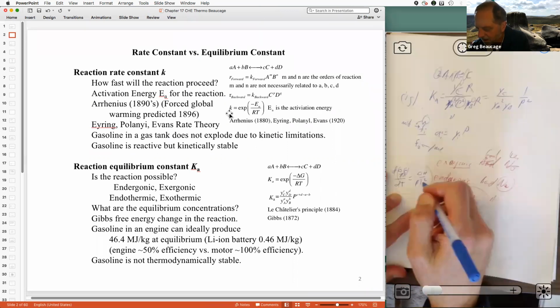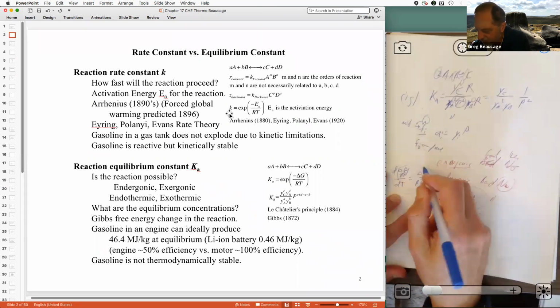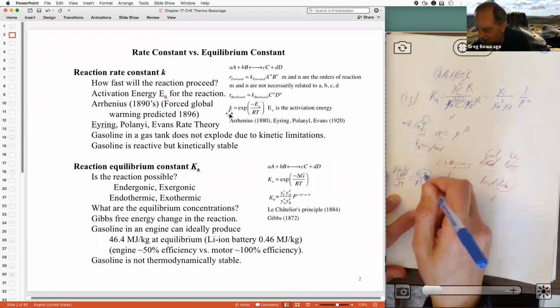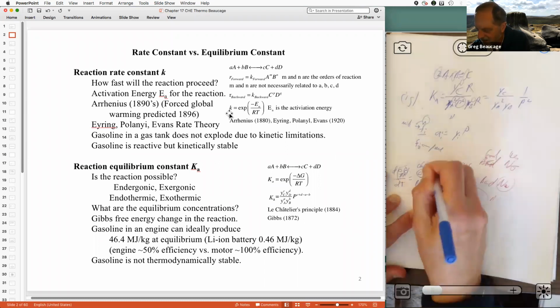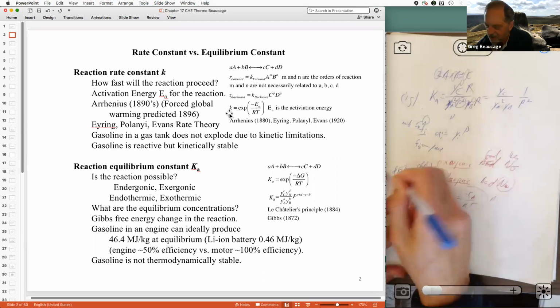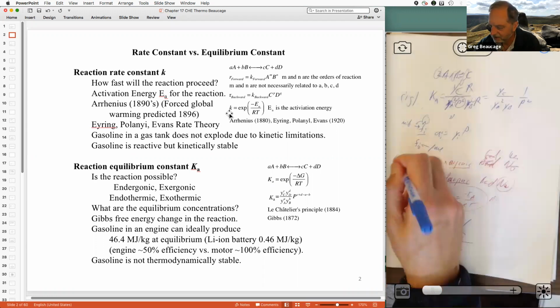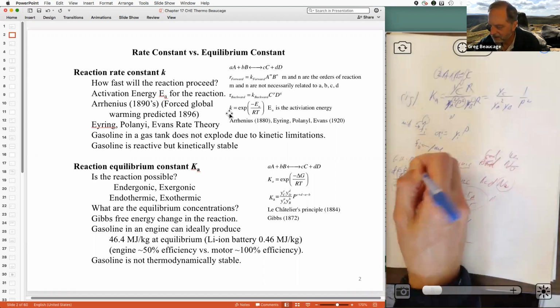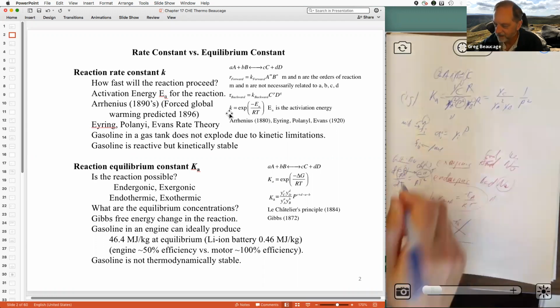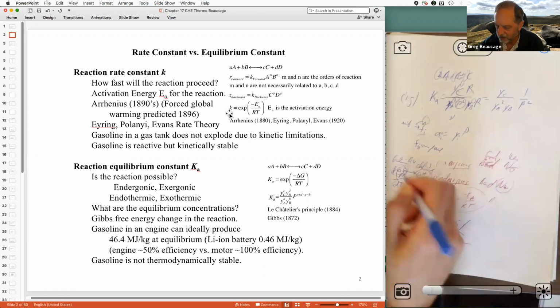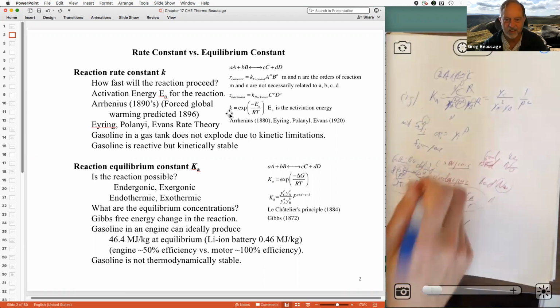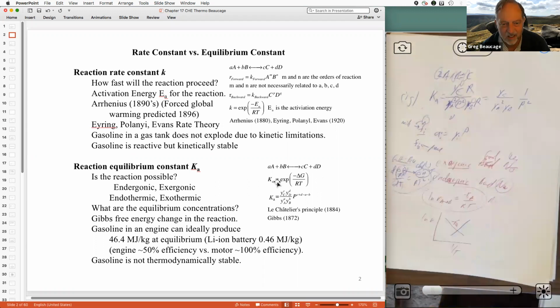So we can get delta G if we have that delta H from chapter 3. We can calculate delta G as a function of temperature using the Gibbs-Helmholtz equation, which we developed at some point. It doesn't matter, but basically it's possible to get delta G from delta H, and we have delta H from chapter 3. So we'll get a similar expression, and we can calculate the equilibrium constant at different temperatures.